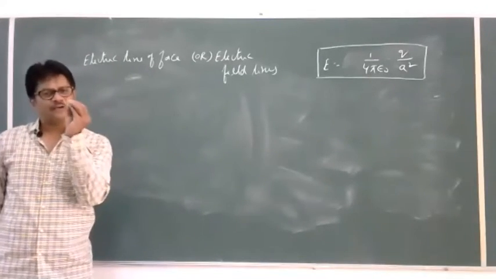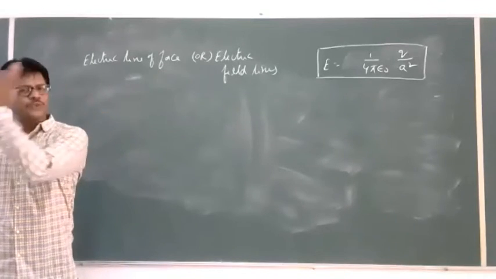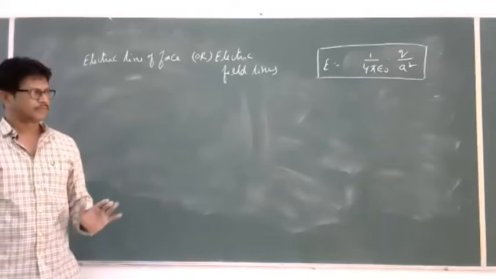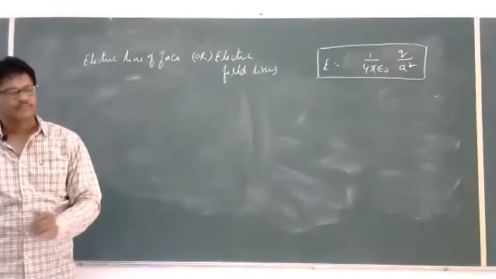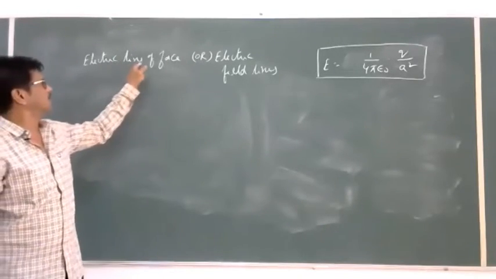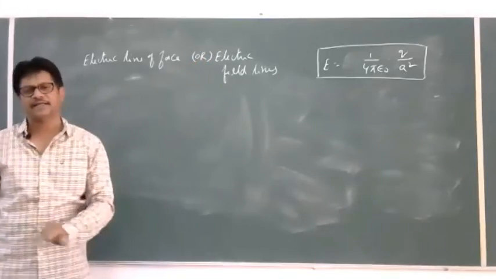So the electric field will travel from one place to another place. The electric field will approach us at a certain point in the form of electric line of forces or electric field lines.